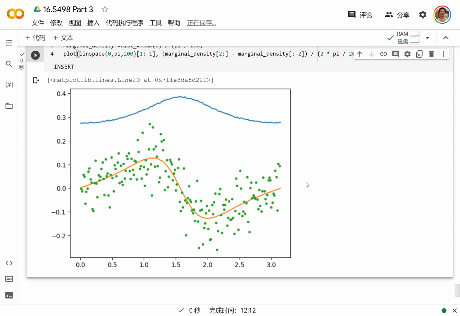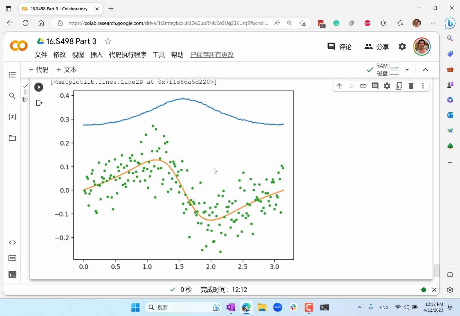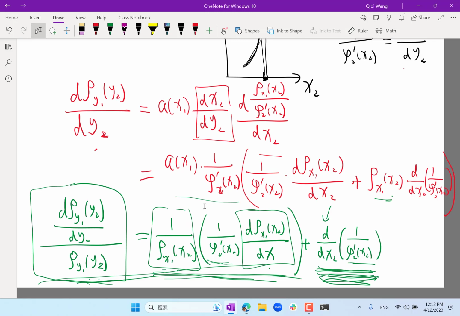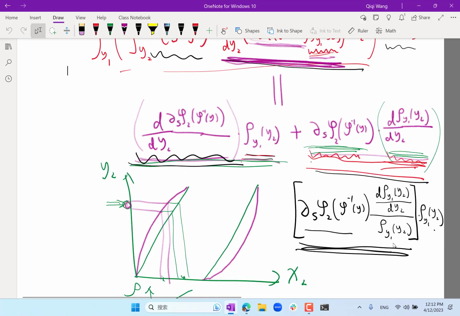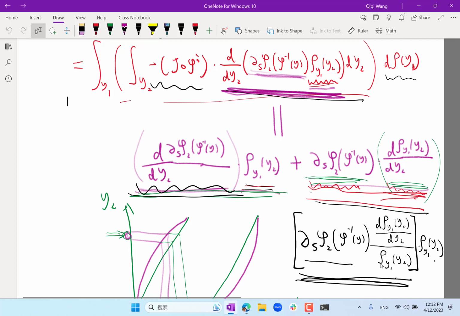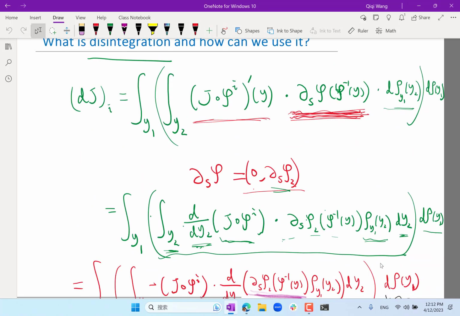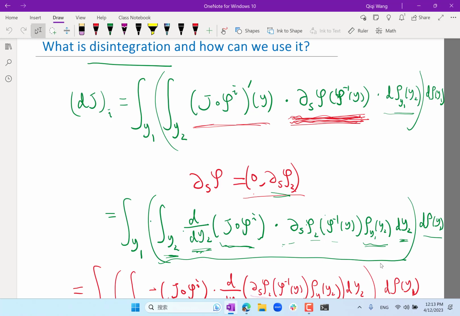Okay, so that's basically how we evaluate the fractional density gradient, which is a critical component of how to evaluate the linear response formula. So to recap, we took Rao's linear response formula, we did a disintegration so that we can perform integration by parts in the inner integral, which is along the unstable direction.